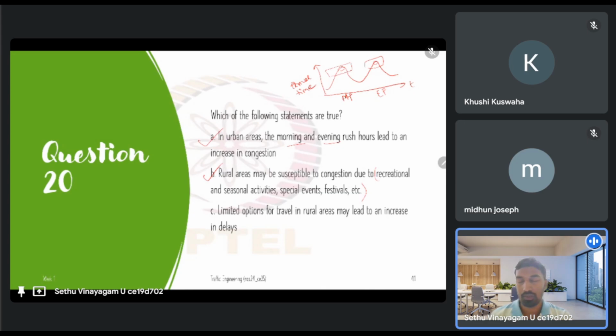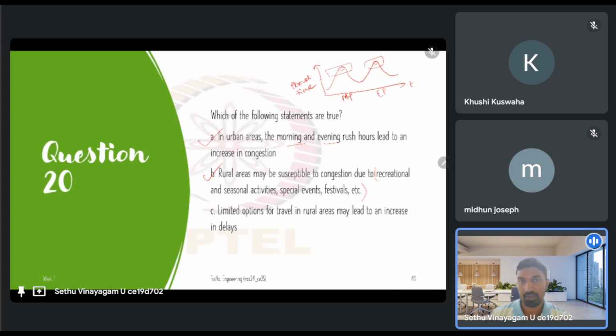So you have too many options available to you, which you can make use of. For example, you are waiting for a bus, and if the bus is taking longer but you need to get to a particular place quickly, you may switch to an auto or a taxi. So your delay may be reduced because you have multiple options available to you. Whereas in a rural area, that simply may not be there, right?